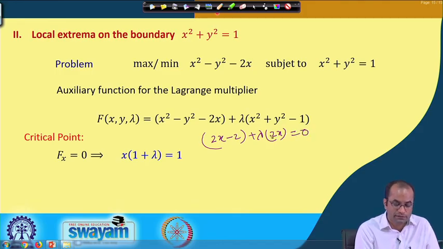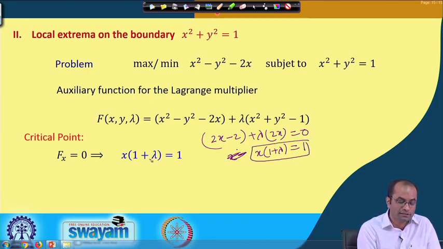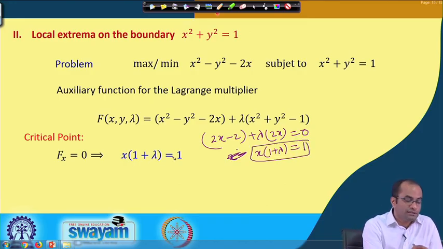This 2 will be cancelled from everywhere. We have x plus lambda x. So, x we can take common here. So, we have 1 plus lambda, and then this minus 1 on the other side will go plus 1. So, this is x times (1 plus lambda) is equal to 1.